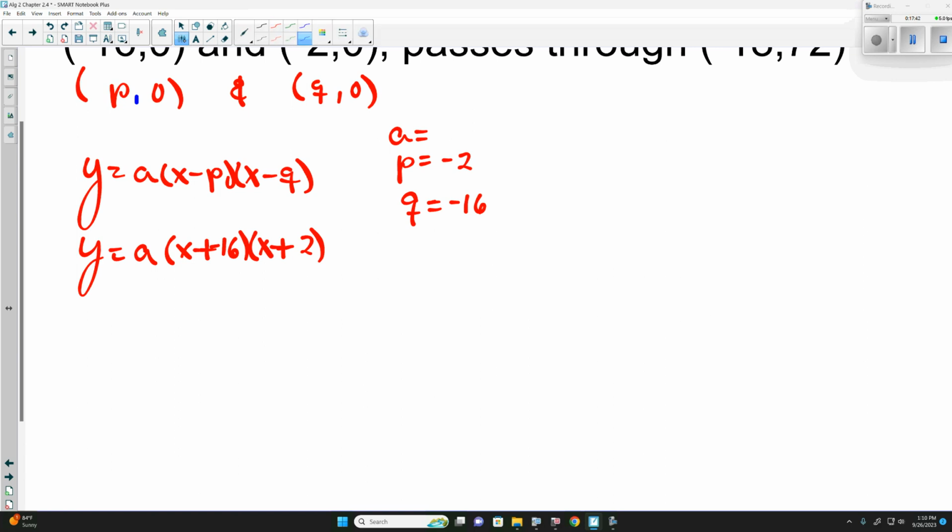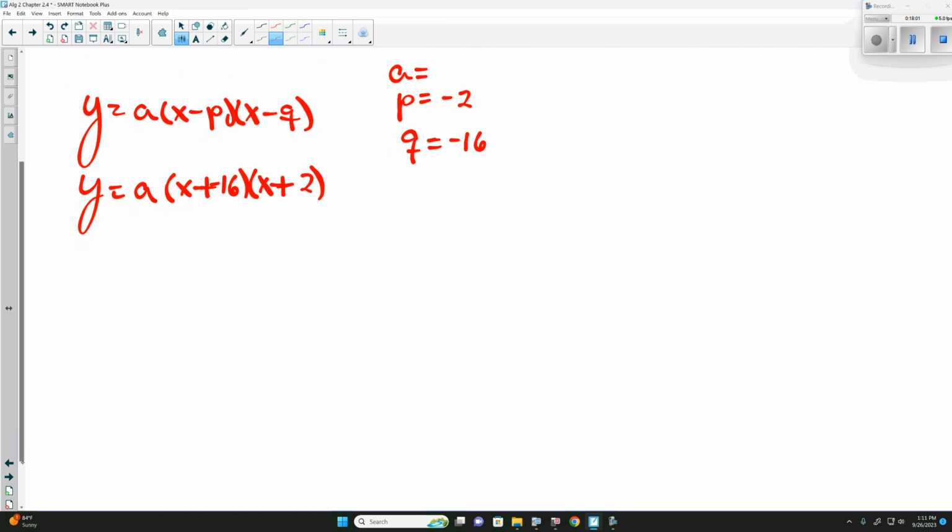As long as you keep the signs correct, negative and negative, plugging those in, and don't end up simplifying down to x plus 2 times x plus 2, or leave out the 16 or leave out the 2, because we need both p and q. The only time it would be, say, x plus 2 and x plus 2 is if both x-intercepts were the value of negative 2, unless it repeated itself.